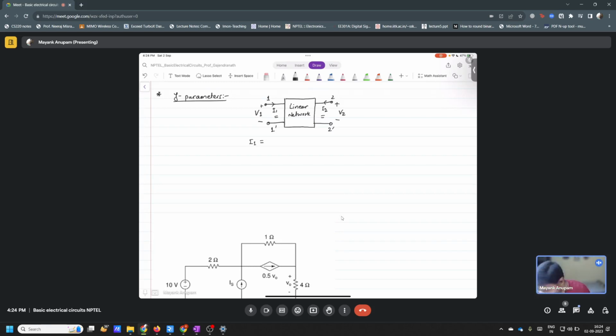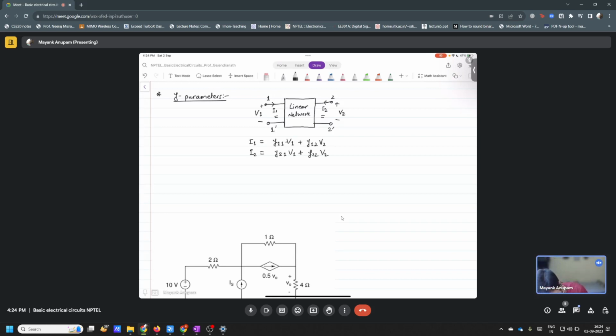So I1 is equal to Y11 times V1 plus Y12 times V2. Similarly, I2 will be equal to Y21 times V1 plus Y22 times V2.